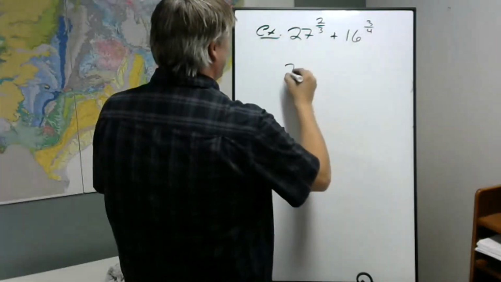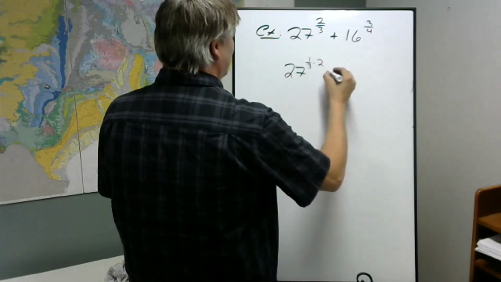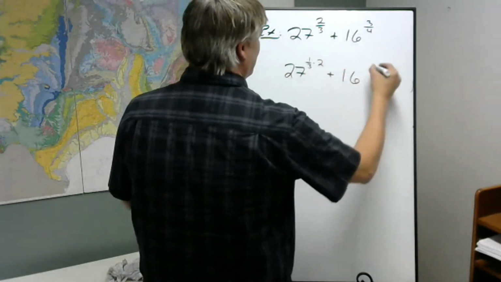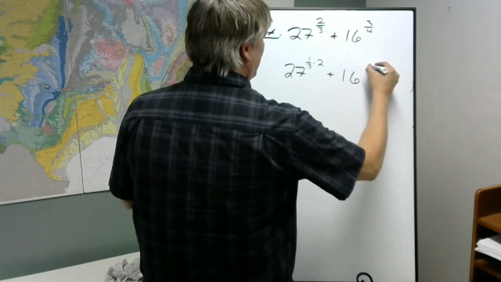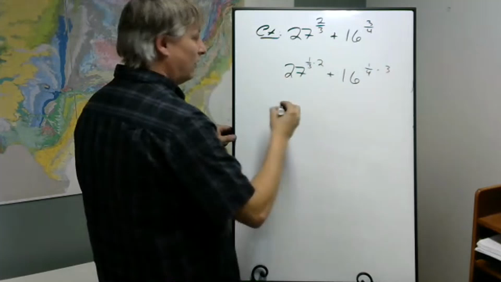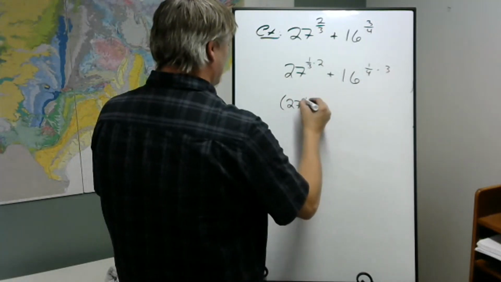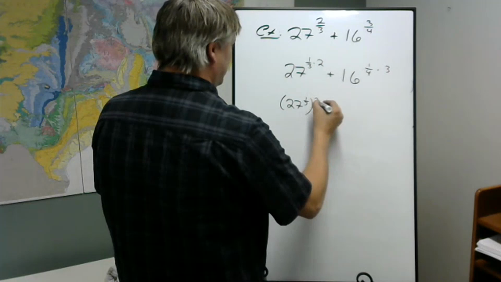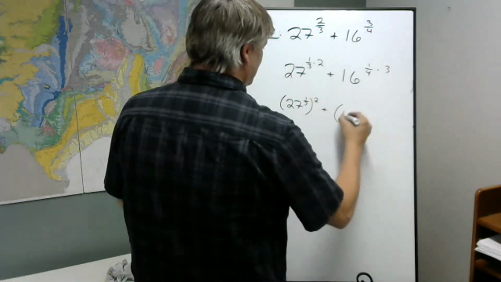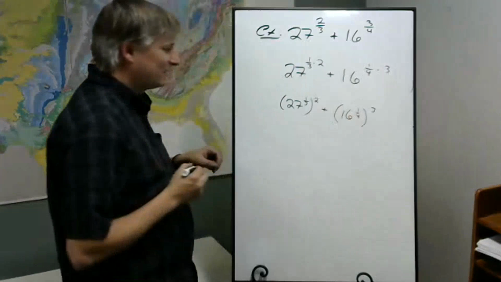So we could get 27 to the 1/3 times 2 plus 16 to the 1/4 times 3, or 27 to the 1/3 squared plus 16 to the 1/4 cubed.